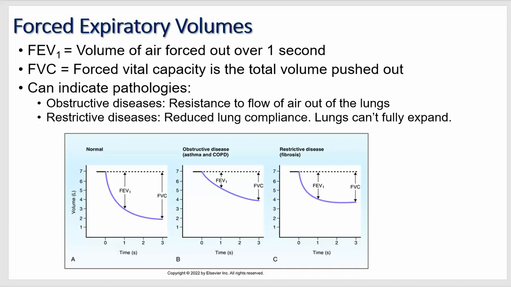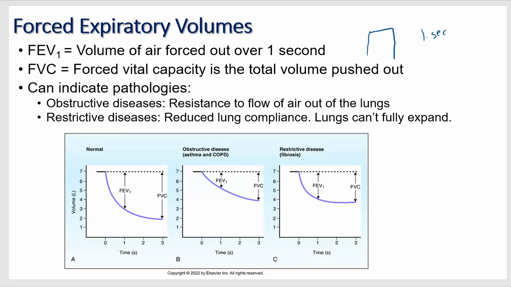If your airway is constricted, it's going to take longer. It's going to be harder to push that air out. So we look at that over 1 second and we say, how much air are you really pushing out in 1 second? You can do this experiment on your own. Because that's going to tell me how wide open your airway is.